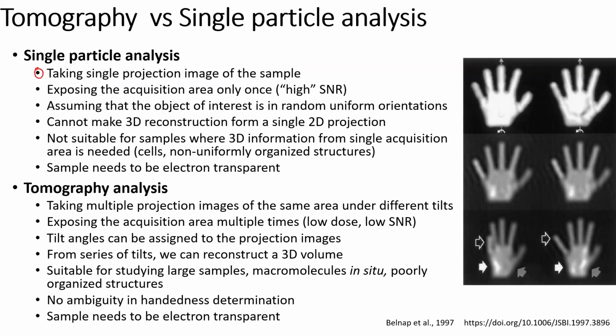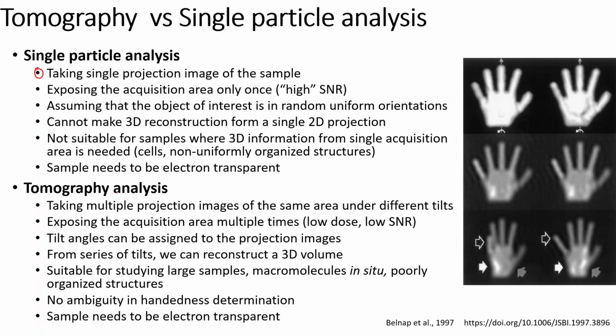This is useful if we have a small sample where many of our sample molecules are located in the field of view, and we are assuming that these molecules are oriented in random uniform orientations, so that if we collect enough 2D images, we can assign the angles of the rotations and reconstruct a 3D reconstruction. Because we are exposing a single acquisition area, we have a higher signal to noise ratio, yet in cryo-EM we are still at very, very low doses, and therefore the signal to noise ratio is still very low.